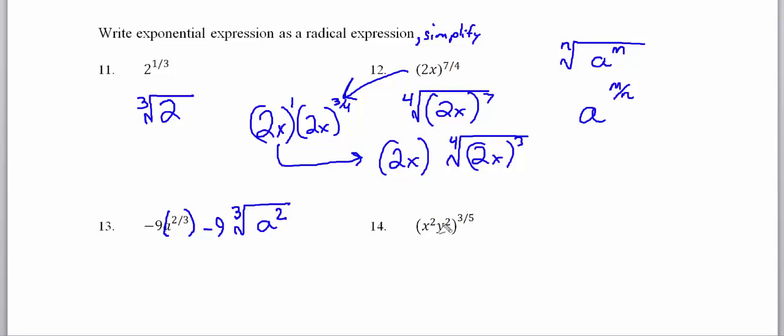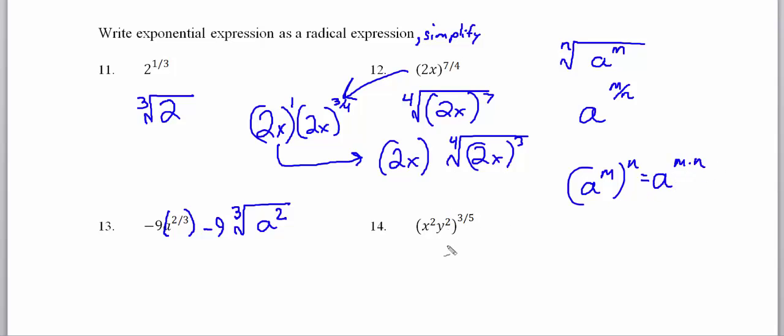In this problem, there's a couple different ways to go about it. My personal preference is to do the power-to-power rule, which means that you would raise these to their higher power using this rule. If I have a to the m raised to the nth power, I would multiply the m and n together.